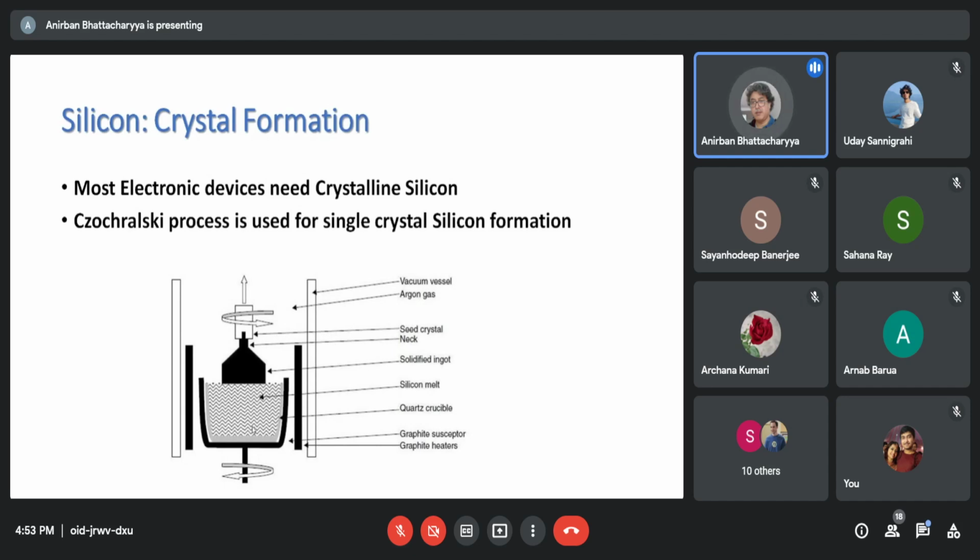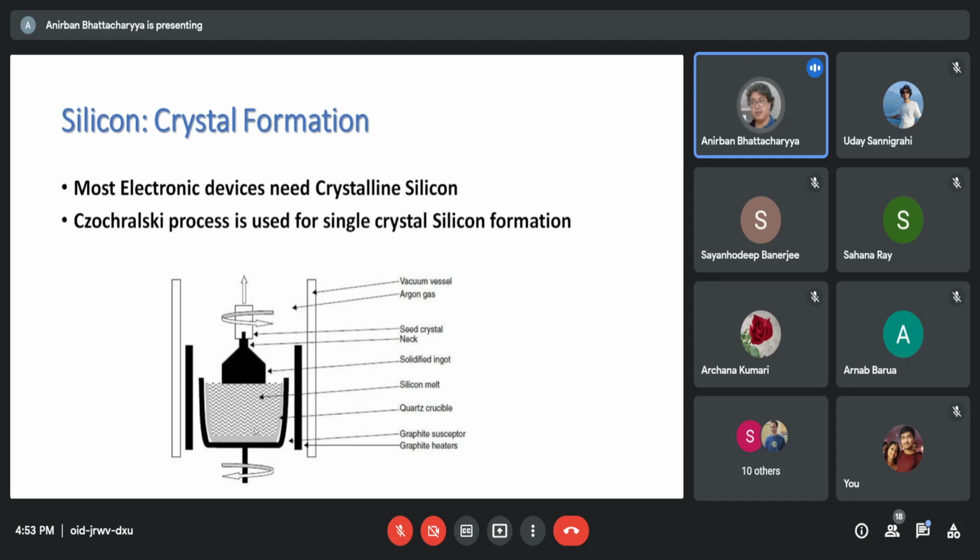You add a seed crystal. Can you see something called a seed crystal somewhere in the picture? That seed crystal is a pure, single crystal, a little piece that was first brought in touch with the surface of the molten liquid in the crucible.